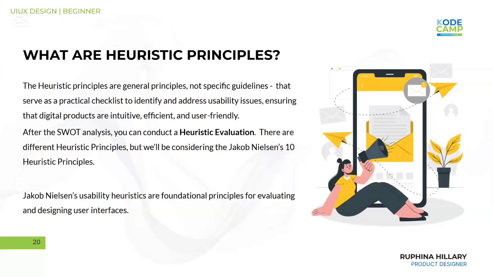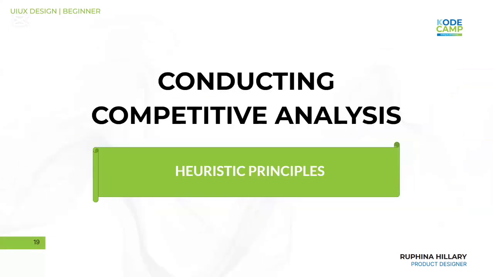So now, when conducting competitive analysis, it's usually helpful to compare our competitors' products to these heuristic principles. Which of these heuristic principles are they failing at? Which of these heuristic principles are they good at? Where can we improve? So this is just a method of conducting competitive analysis, similar to the SWOT analysis I've mentioned before.